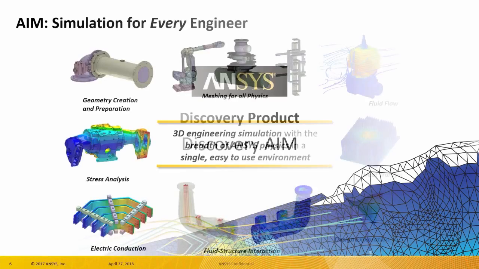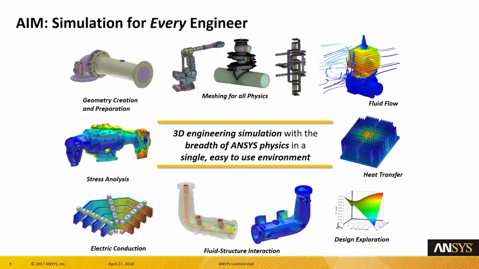It's really sold and delivered as a multi-physics tool. If you look at this little wheel here, we have fluid flow, heat transfer, fluid structure interaction, electric conduction, stress analysis, and all those can be combined. So you can do a number of different physics all together in one simulation.